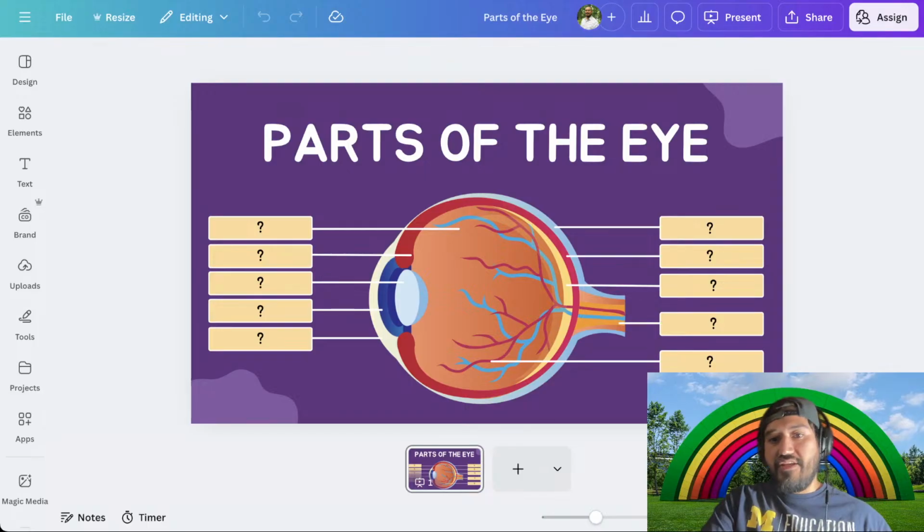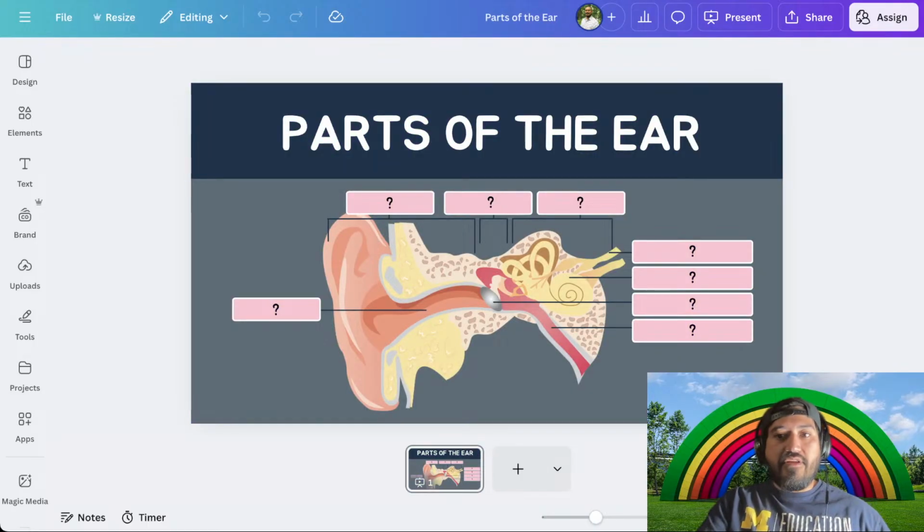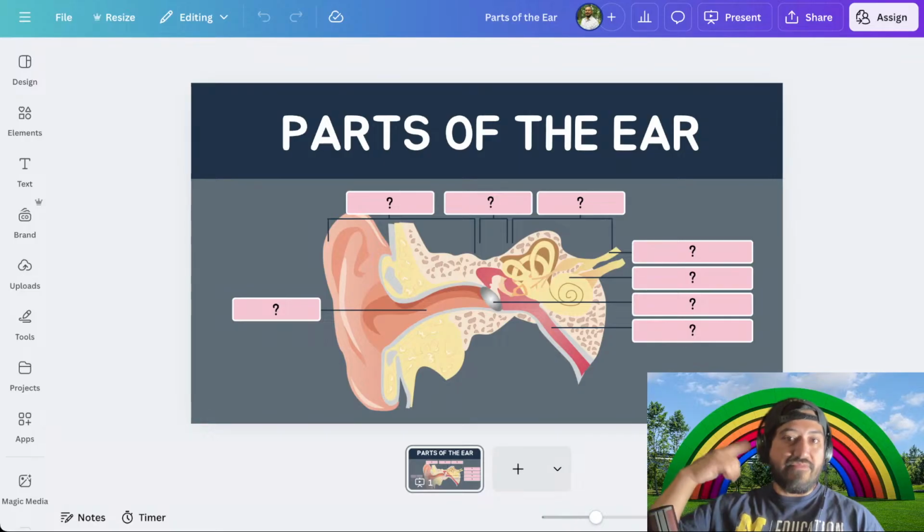In the parts of the ear, we were really talking about how the eardrum, or the tympanic membrane, vibrates, and it can vibrate these three. It's the coolest word I've found so far in science, these ossicles. These ossicles will vibrate three bones that then send it into the cochlea.